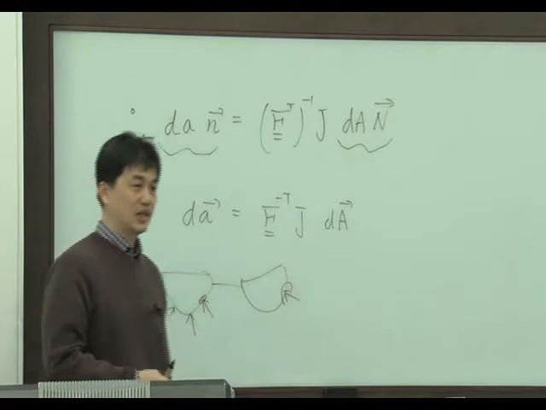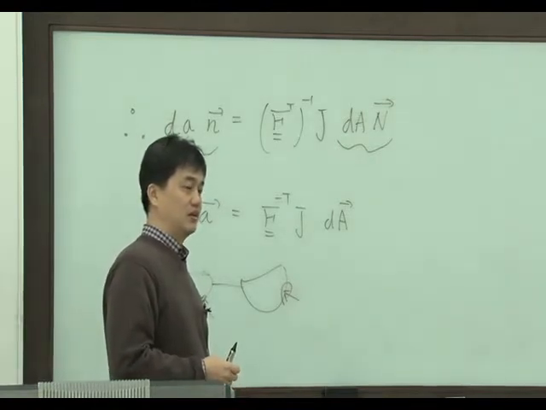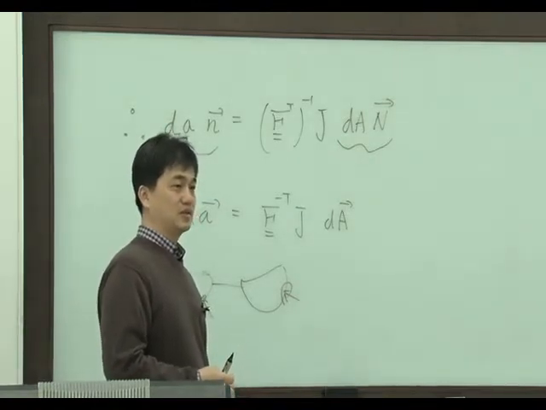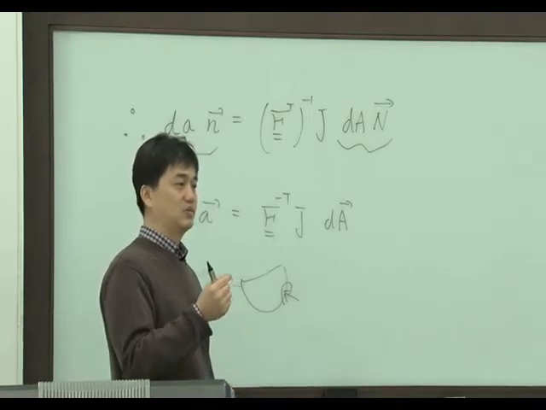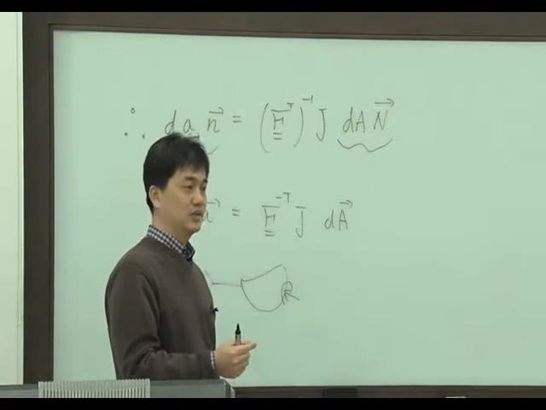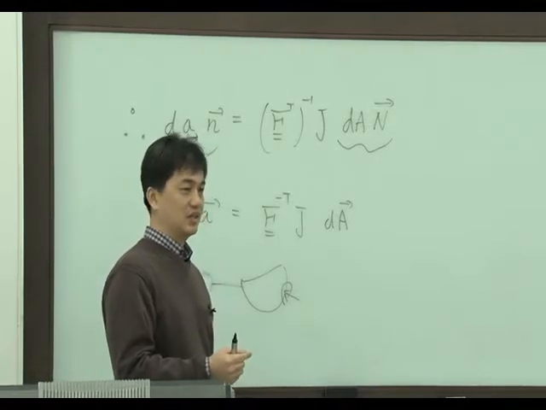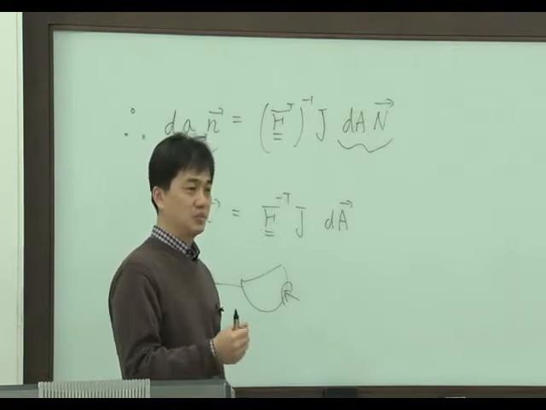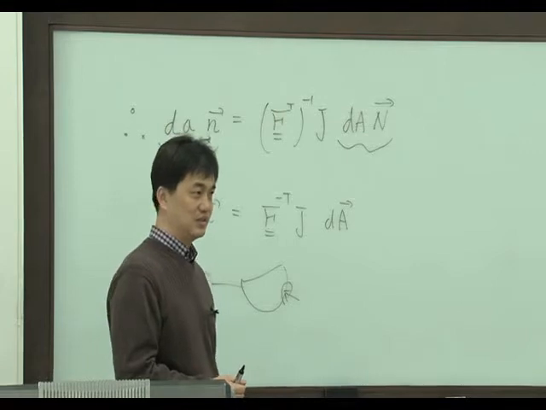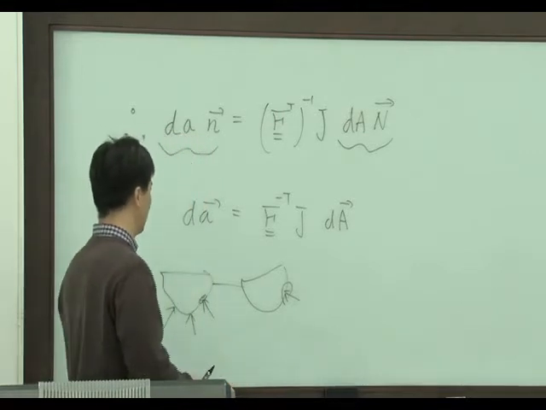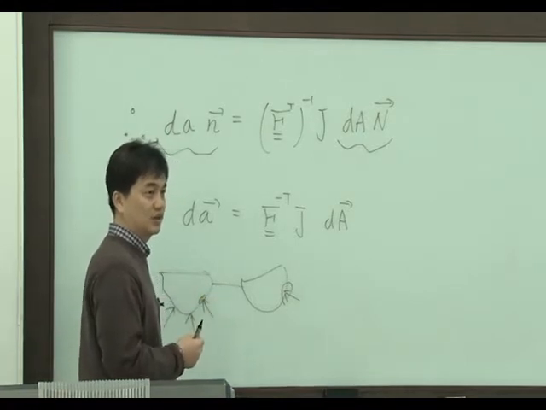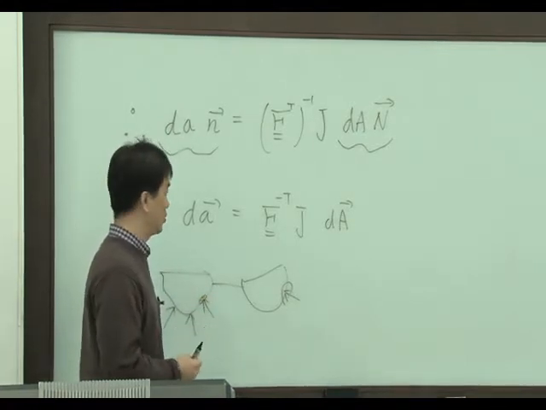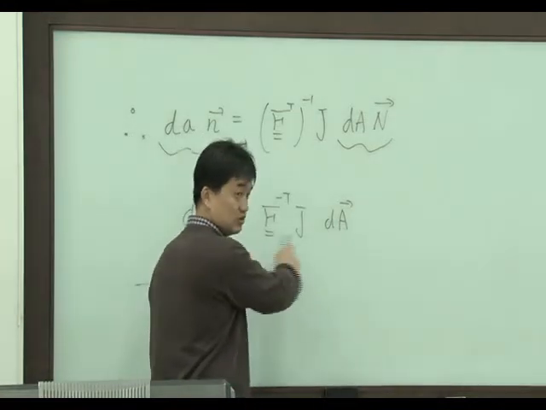So we are saying this is a deformation dependent load. So the direction of external force is changing depending on the deformation, right? So when you calculate that kind of a varying load, a deformation dependent load, we need to use this relation.